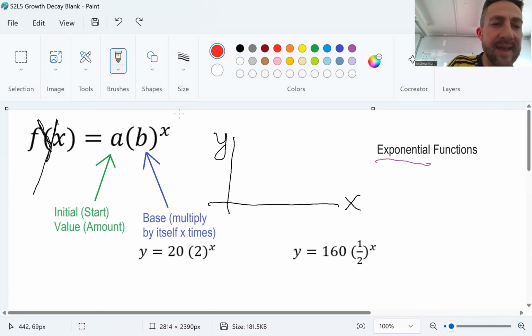So see that a has no exponent on it, so we could think of that as having an exponent of 1. And then that value is multiplied by b, called the base. And then we'll keep multiplying by that number again and again, depending on what x is. We'll do that x times. Okay, cool.